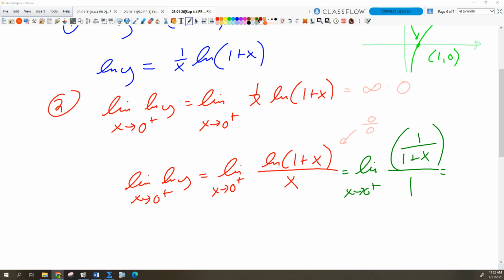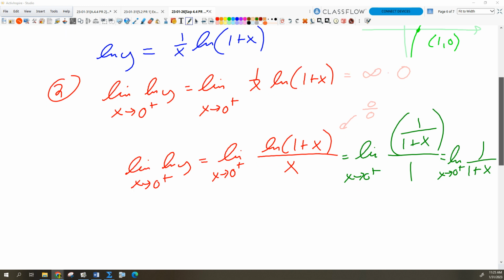Well, that's just equal to the limit of 1 over 1 plus x as x approaches 0. What's that equal to? Sorry, what's the limit of 1 over 1 plus x as x goes to 0? 1 over 1, which is 1, isn't it?